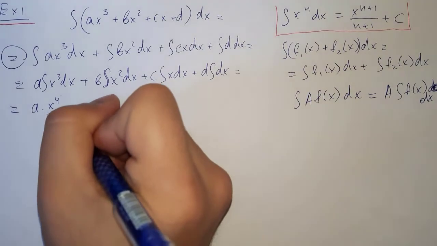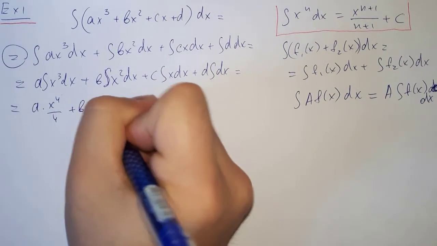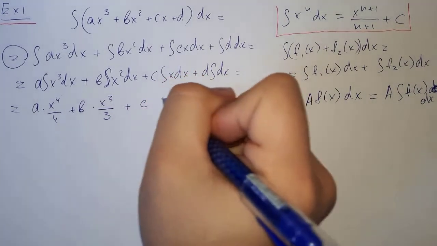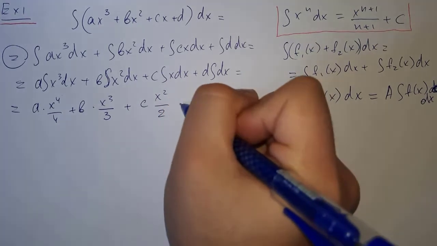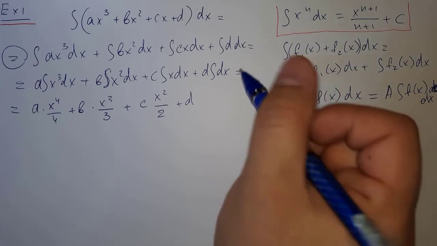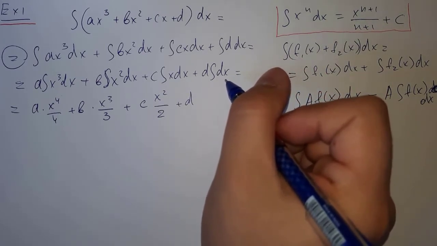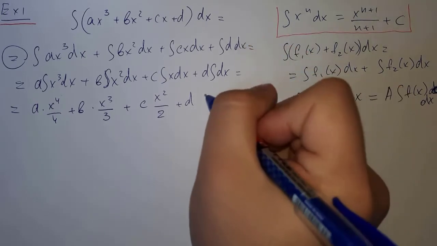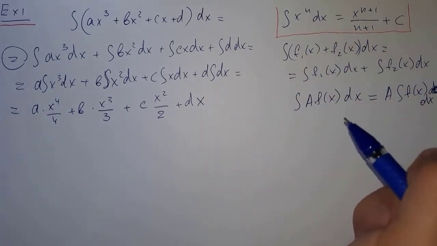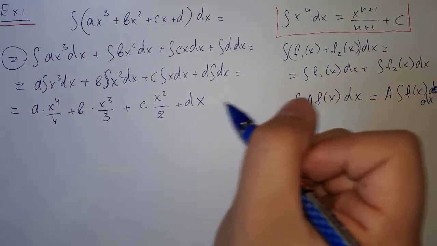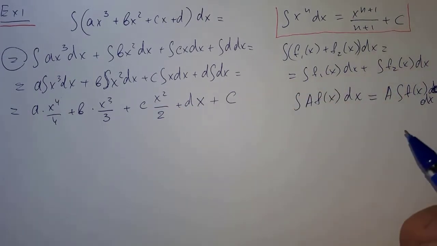Plus b x cubed over 3 plus c x squared over 2, and plus d times, here we have zero power of x, and 0 plus 1 is first power, so it will be just x. This dx is not a differential, this is just a constant. And plus c of course, and this is our solution.